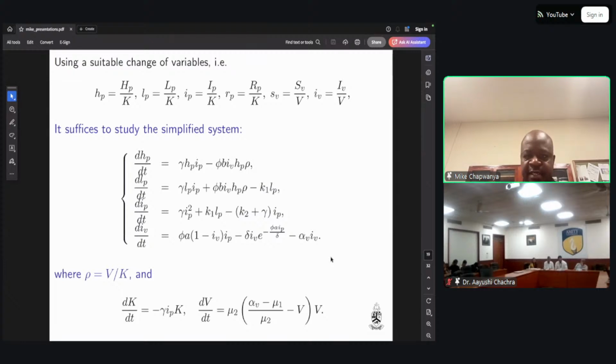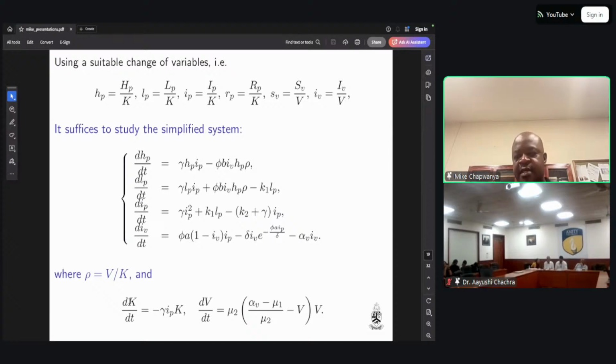All right, this is just scaling. That's a mathematical step. But what I want to highlight in this case, the small letters, they still represent the same compartments: healthy plants, HP, latent plant, LP, infected plant, IP, infected vector, IV. But you also have K, which is the total plant population. So if a farmer plants their plants at the beginning, that's the total plant population.